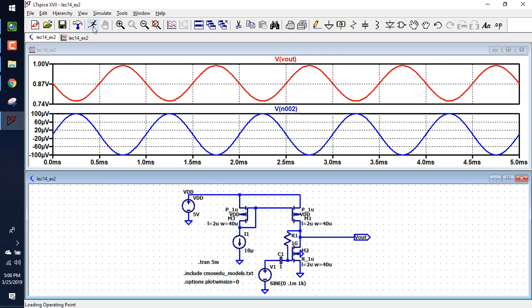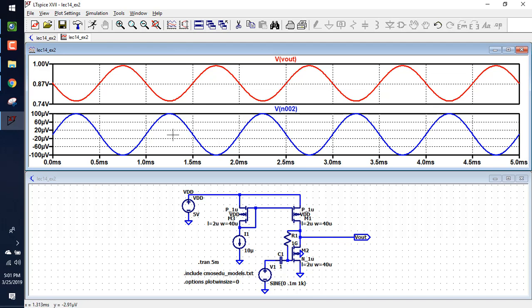Any questions on this before I tell you how to find the gain? Everybody see what we're doing. Everybody follow, the DC voltages are different. Now I'm calculating the AC gain. So now I look and I go, okay, my peak input's 100 microvolts.